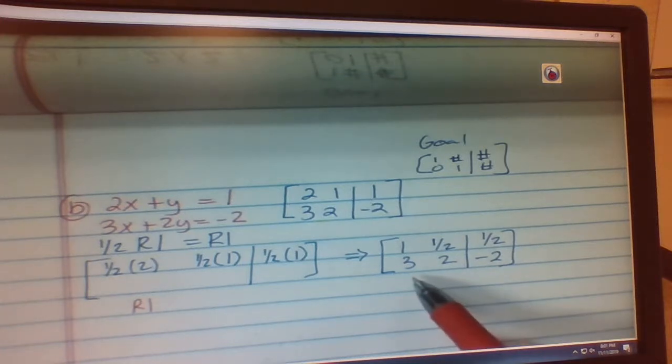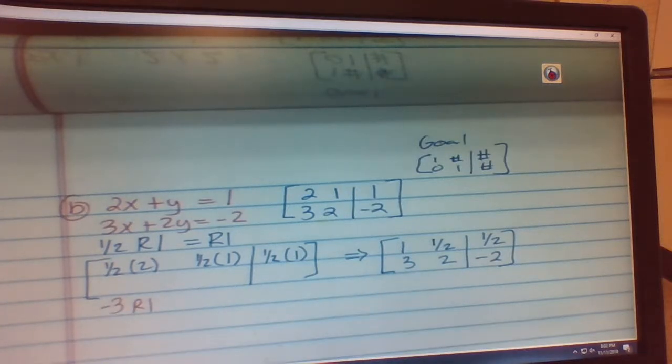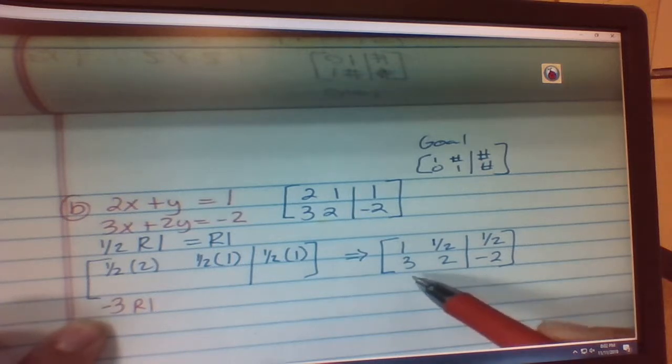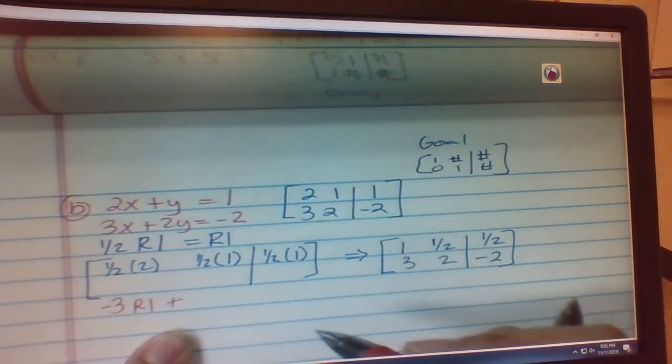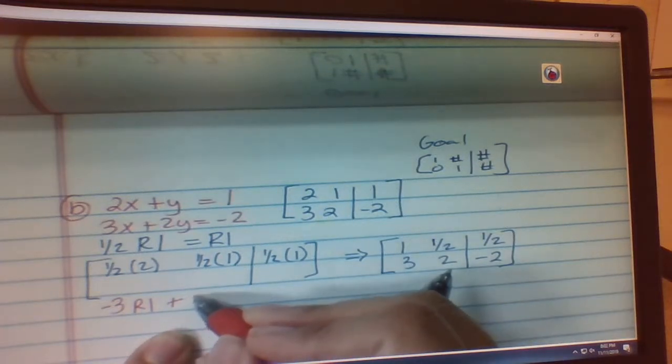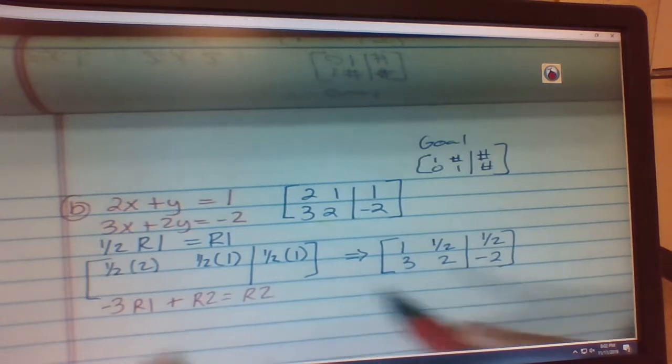What are we trying to get rid of? We're trying to make this a 0, so I need to do what to the 3? Subtract 3. So -3, because that's like a subtract 3, times row 1 plus what row? Row 2 equals the new row 2.